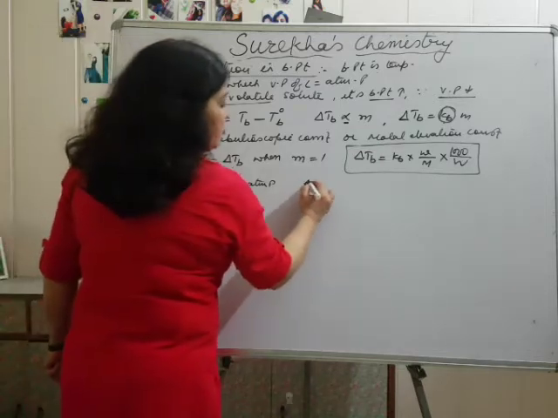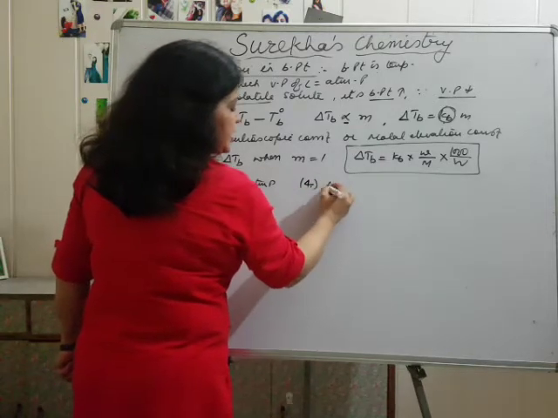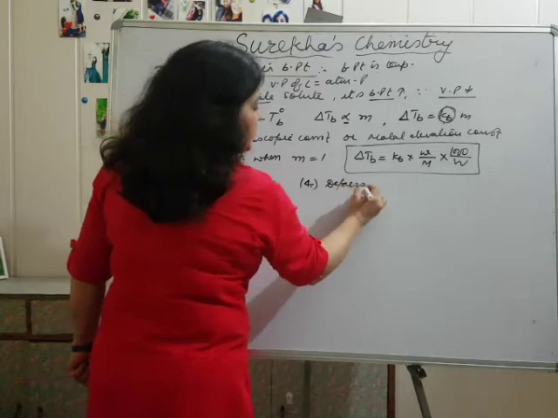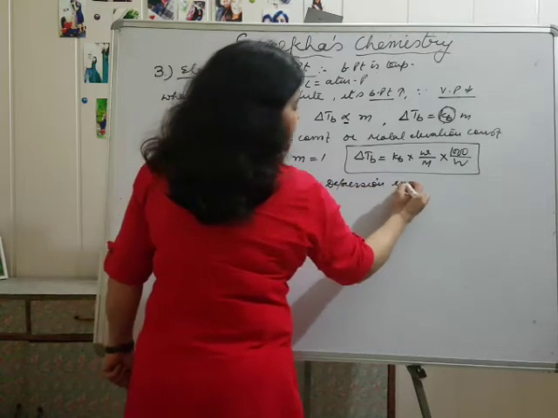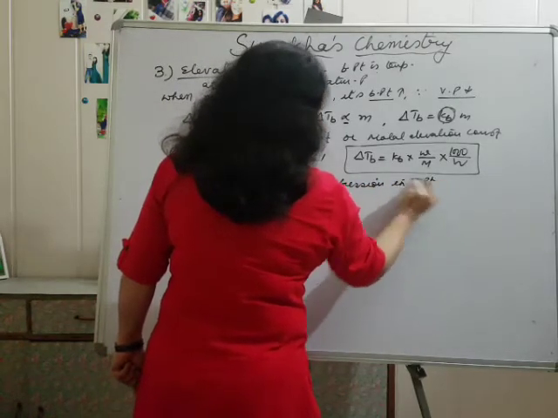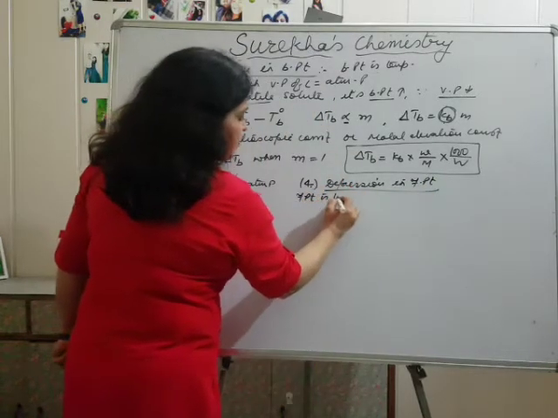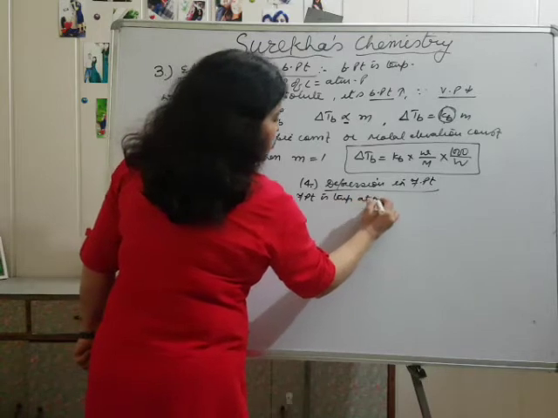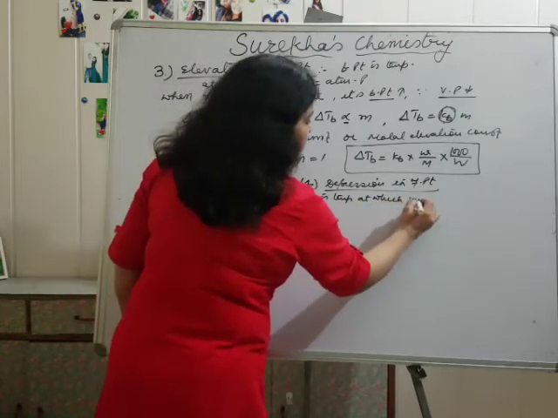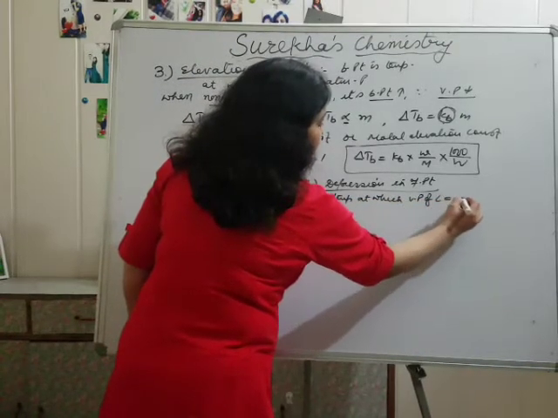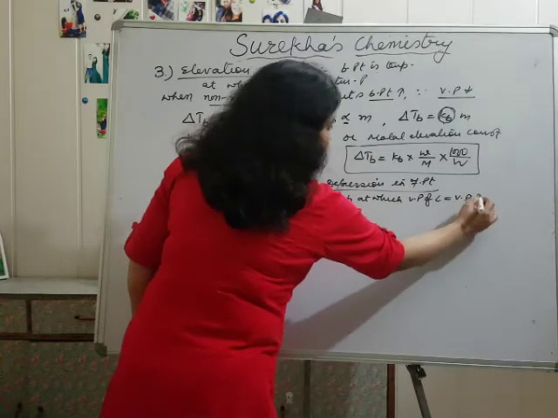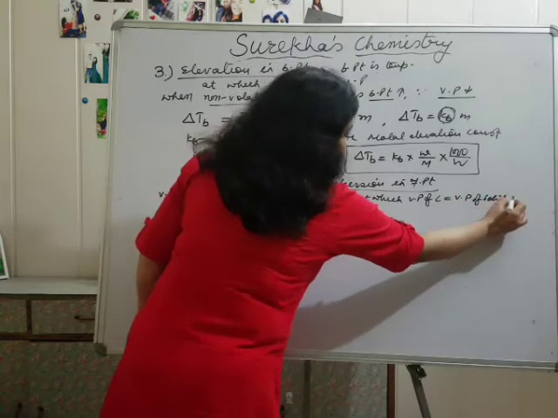Similarly, the fourth colligative property is depression in freezing point. What is freezing point? Freezing point is the temperature at which the vapor pressure of the liquid state becomes equal to the vapor pressure of the solid form.